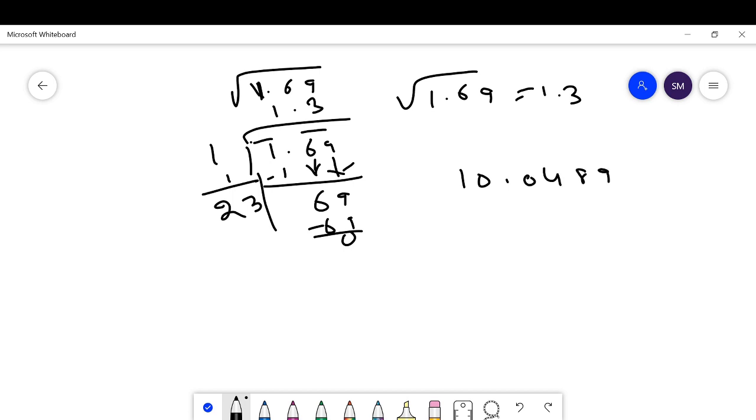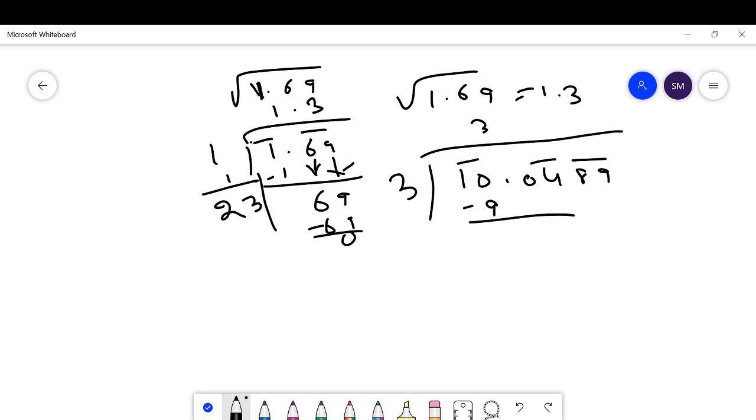Then take some more examples to be clear about it. 8 9. Then make pairs like this. Then 3 3s are 9. Here 1. 3 plus 3 is 6. Come down the pair. Then this is 104. 6. Put the decimal here.